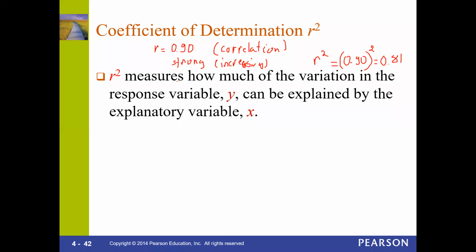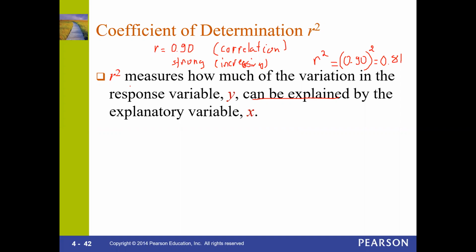Okay, so this one says R square measures how much of the variation of the response variable y can be explained by the explanatory variable. So this is a bunch of language. Or I can say R square can also explain the percentage that is explained by the regression line.